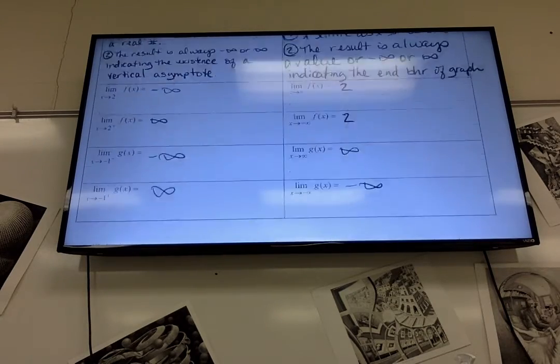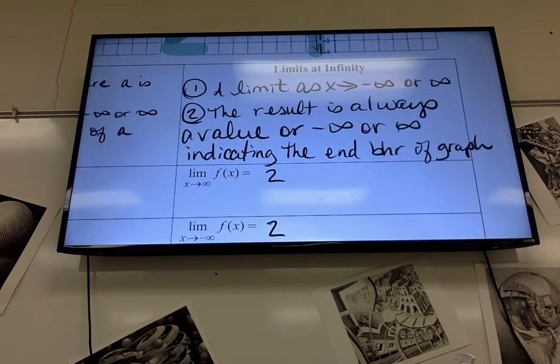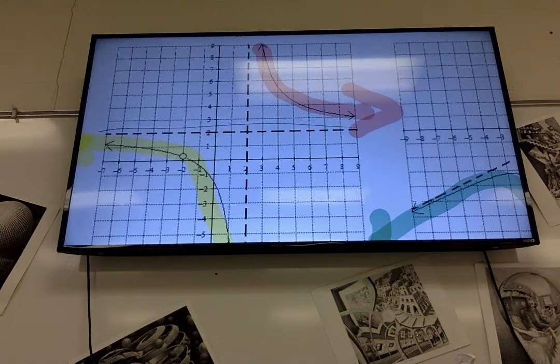Maybe it was here. Here it is. If you have a limit that's approaching positive or negative infinity, if the result is a value, we see that it's a horizontal asymptote.